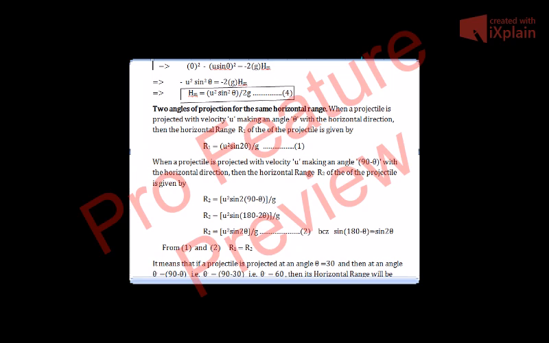Then the horizontal range R2 of the projectile is given by R2 is equal to u square sine 2 into 90 minus theta by g.